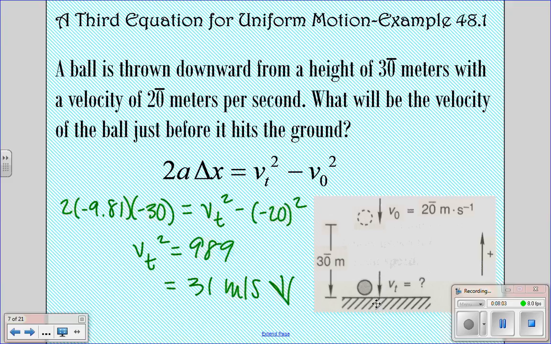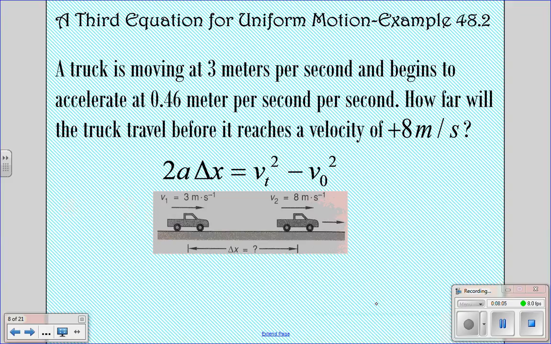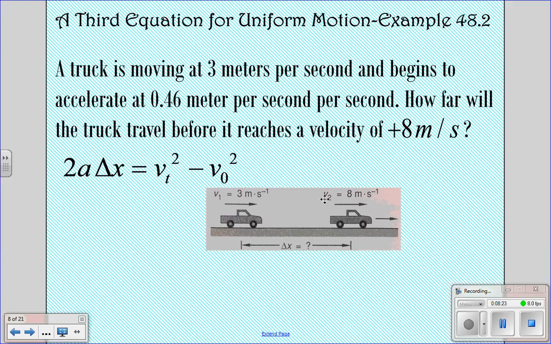Okay, looking at another example, we've got a truck that's moving at 3 meters per second, begins to accelerate at 0.46 meters per second squared. How far will it travel before it reaches a velocity of 8 meters per second? So I'm going to move this over here.